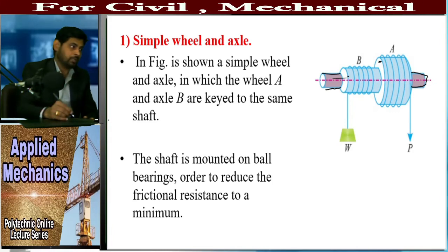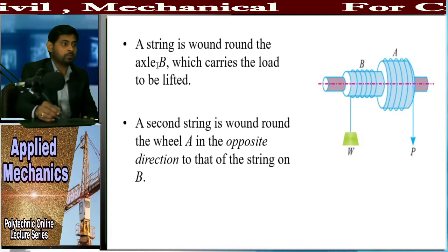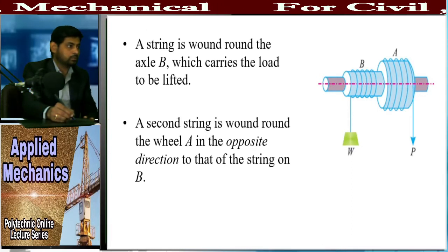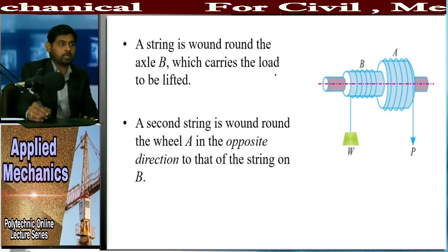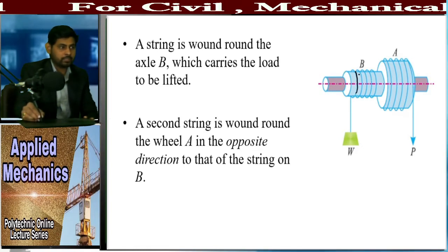Okay, that's why. Then now see, a string is wound round the axle B. Here you can see this blue portion is nothing but our strings.